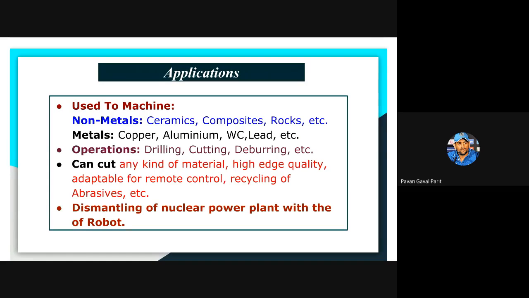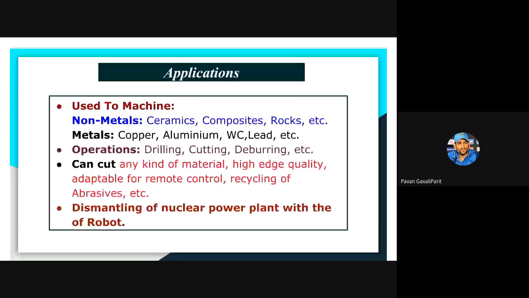Now the important application of this abrasive water jet machining or cutting is that you can use a robot for the dismantling of a nuclear power plant.